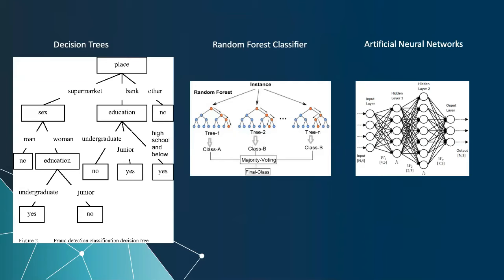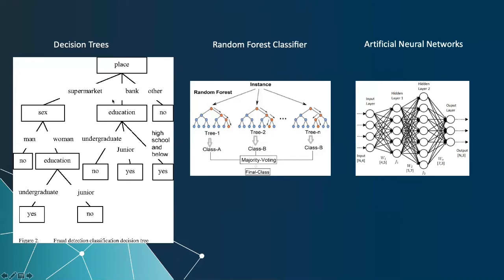Decision trees ask questions based on a tree, and at the bottom of the tree, they give a probability of whether the data belongs to one class or another. For example, in this fraud detection scenario, the first question could ask about the place, whether it is a supermarket, a bank, or any other institution.